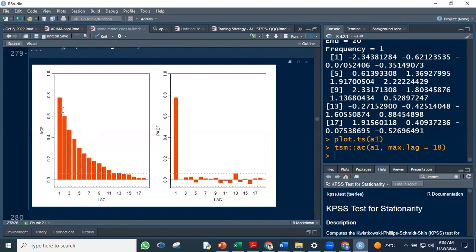Tapos yung ACF mo, slow decay lang. Slowly decaying over time. Ibig sabihin yung autocorrelation niya at the farther you go from let's say lag 1, the lower will be the autocorrelation. Tapos may significant spike ka dito. Okay, so let me stop there.